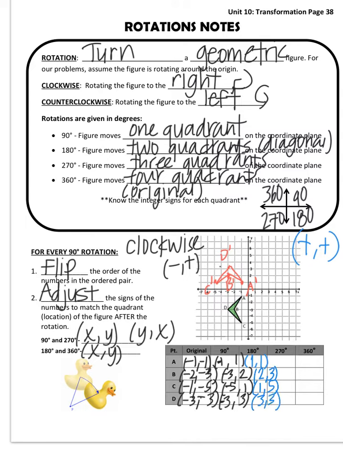Okay, so we have a point at 1, 1, 2, 3, 1, 5, and 3, 3. Okay, so A double prime is 1, 1. B double prime is 2, 3.